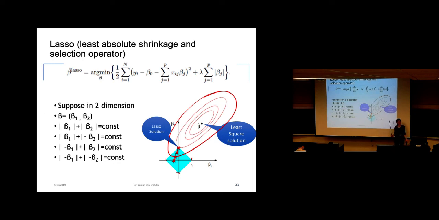The corner point means beta 1 is 0, and beta 2 has a quantity. So this type of solution will give my beta 1 equal to 0. And when you have a lot of dimensions, it will push quite a number of beta j equal to 0.